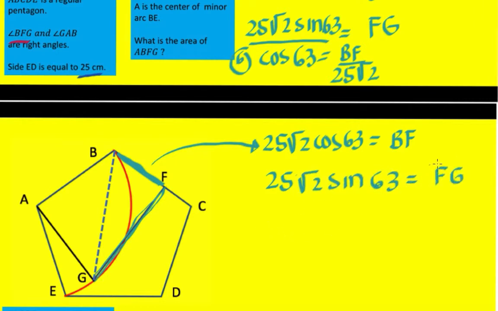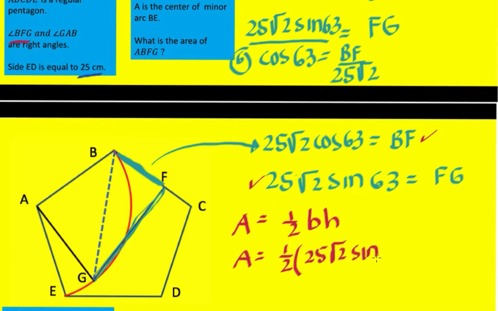So for the area of the triangle, area is equal to 1/2 the base times the height. And what is our base? The base is this value. This is the height. So the area of the other triangle therefore is equal to 1/2 times 25 square root of 2 sine 63 times 25 square root of 2 cosine of 63.